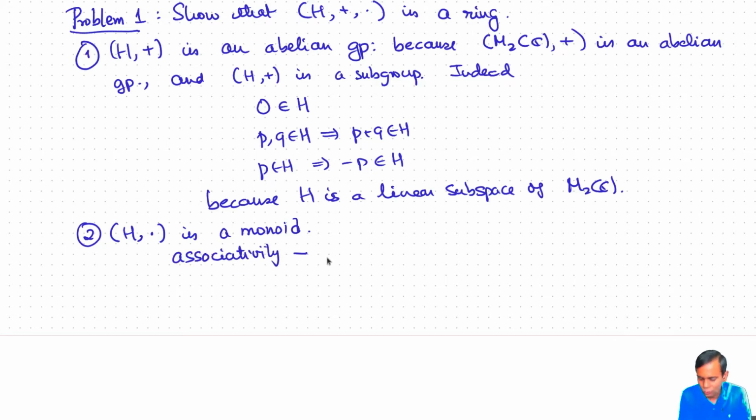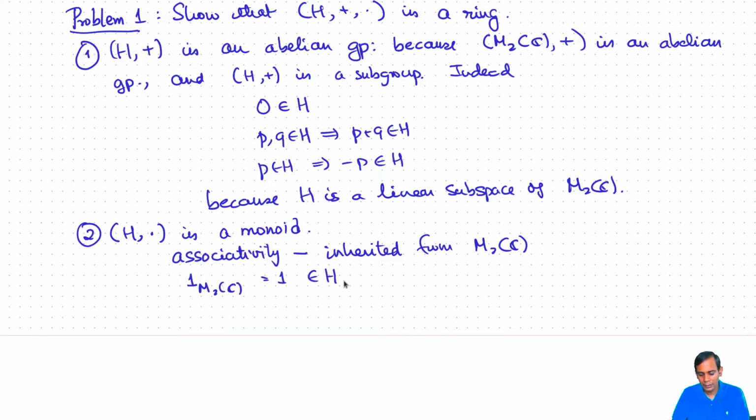That means we know that matrix multiplication is associative, so when we restrict it to H, it will also be associative. The only thing we need to check is that, firstly, the unit of M2C, the identity matrix, belongs to H. So the unit is there, and then the only thing we need to check is that H is closed under multiplication.